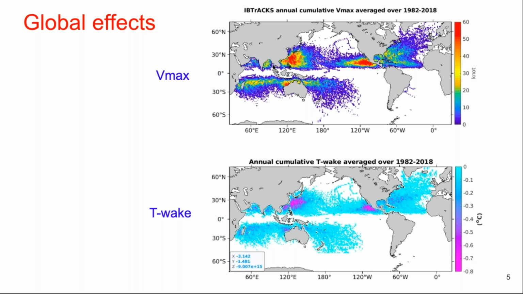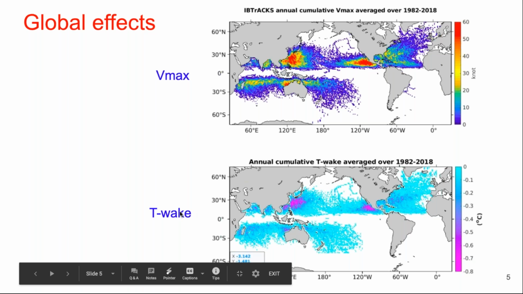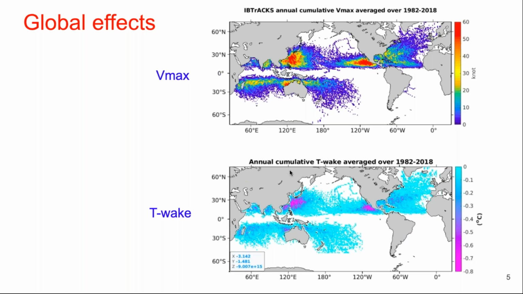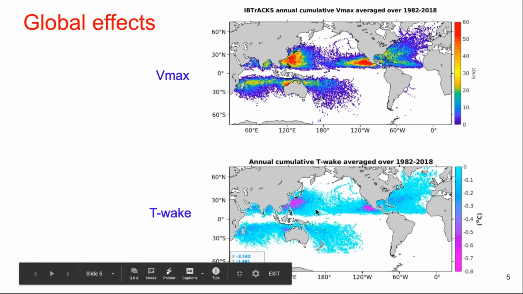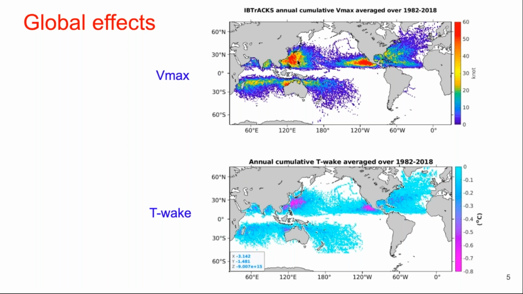The storm track data is from IBTrACS. Below, we show the cold wake computed over the same period using optimal interpolation SST, OISST. We can see the co-location of the intense storm centers with the intense cold wake.